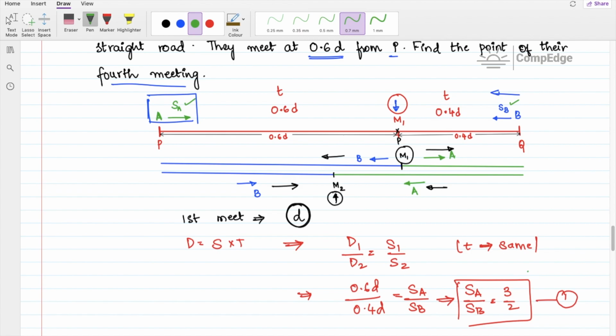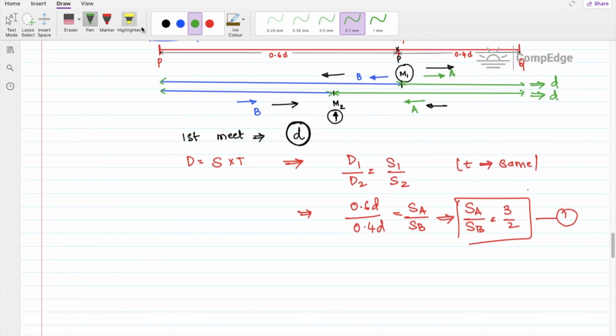A would cover this green line distance, and B would cover this blue line distance. In the first line this total distance is d, and in the second line this total distance is d. So for the second meeting, the total distance covered by both the objects is nothing but 2d.